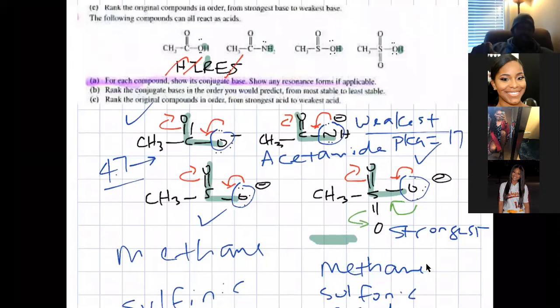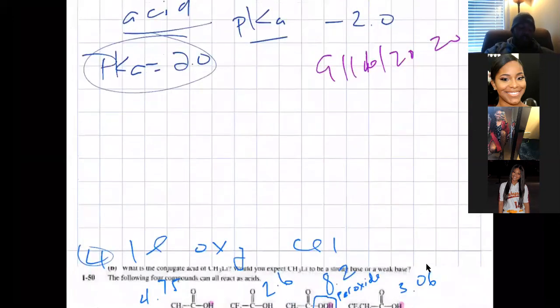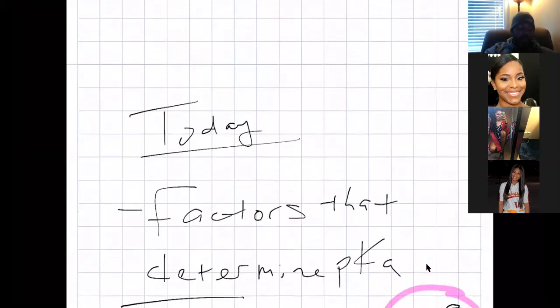And with you being able to do multiple resonance forms, that immediately points to a higher level of stability than something where you can generate fewer resonance forms. Okay, thank you. That's a great question. I like how you're thinking.